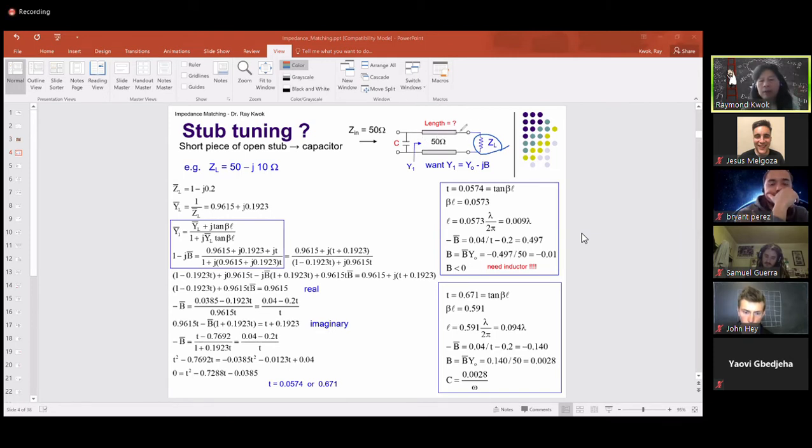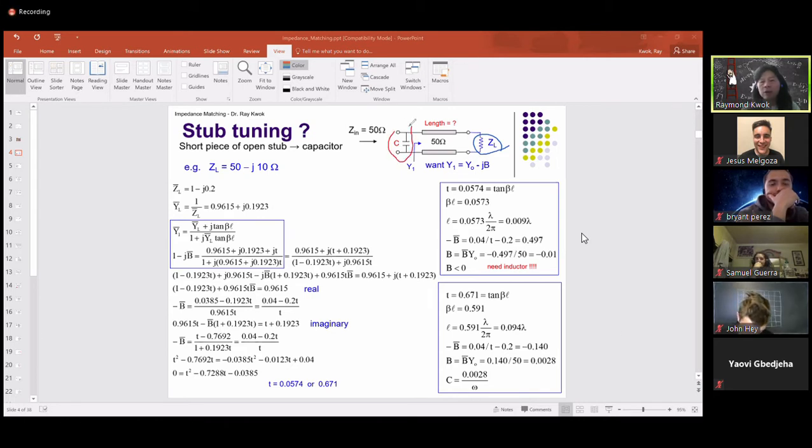So somewhere along the transmission line, by putting an open stub, you can think of it as a shunt capacitor, right? Because the ribbon to the bottom ground is a parallel capacitor. So you can model that to start with. You can also model it as a stub. We're going to talk about that later.